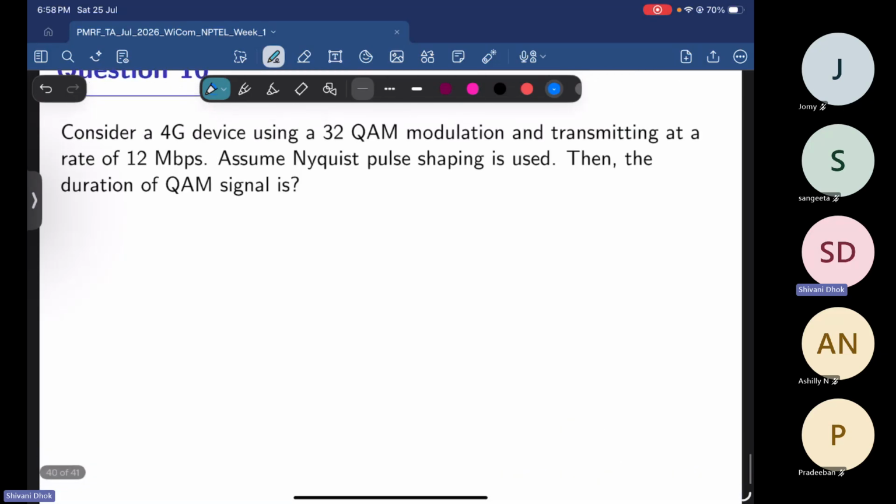So what we want to find is the symbol duration Ts in this setup.